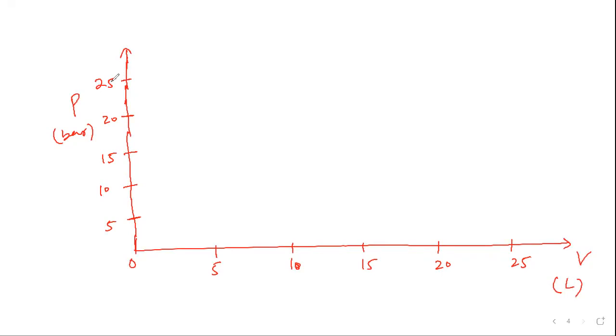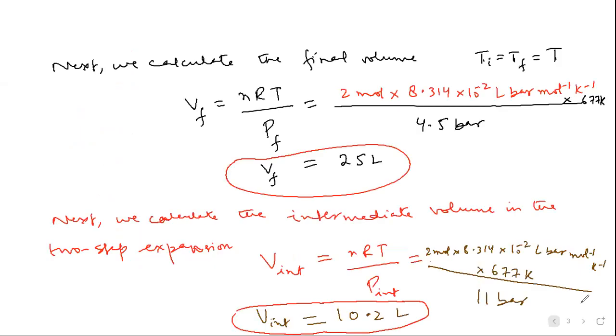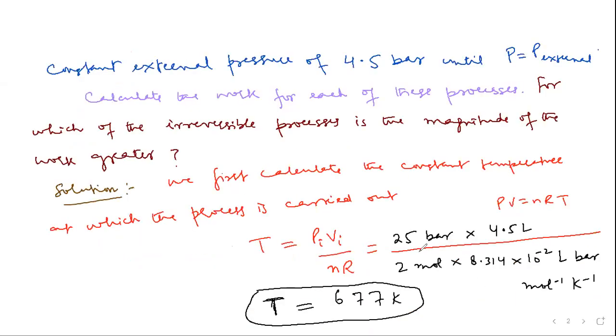So where we start? What's our PI and VI? First, I will make an approximate figure. So what's my PI and VI? My PI is 25 bar and VI is 4.5 liter. 4.5 liter, 25 bar.